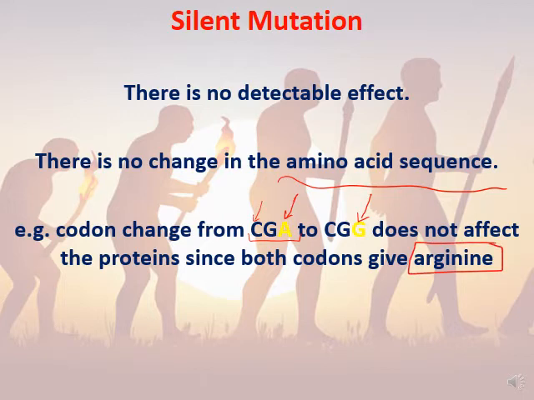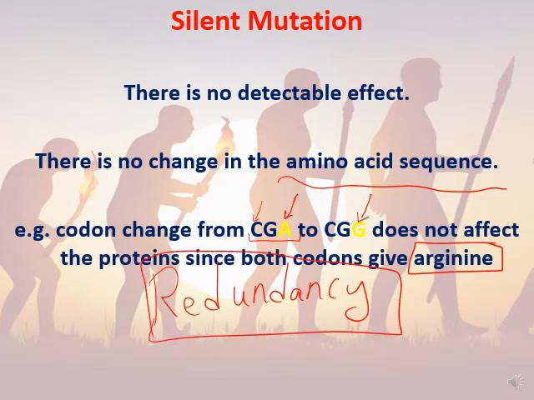So this is called a silent mutation, where more than one codon can give the same amino acid, and this is known as redundancy. Redundancy means more than one codon can give the same amino acid, and it occurs in the genetic code table.